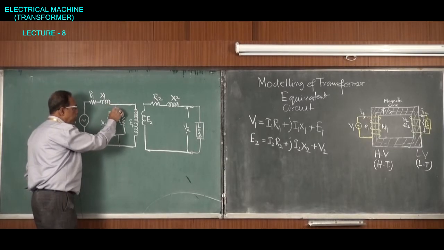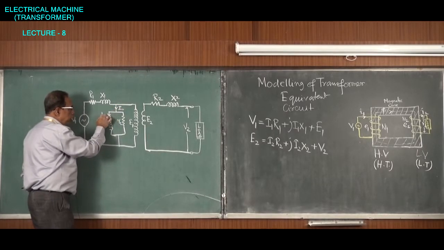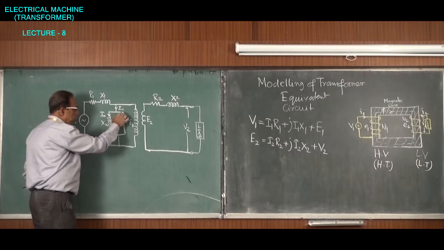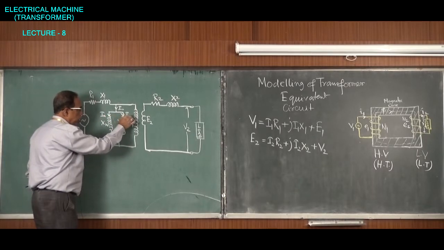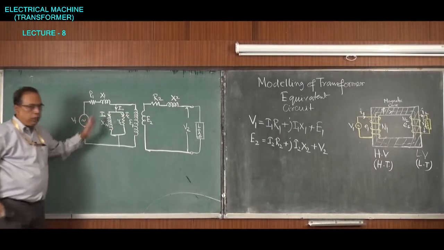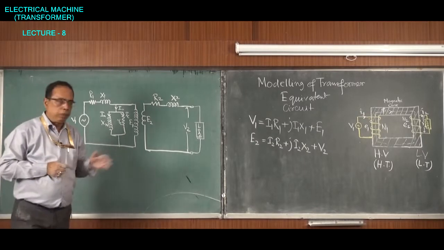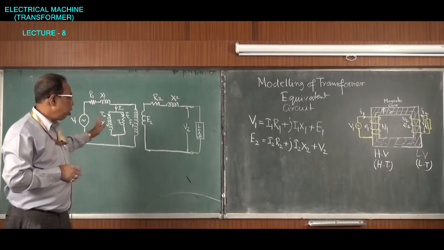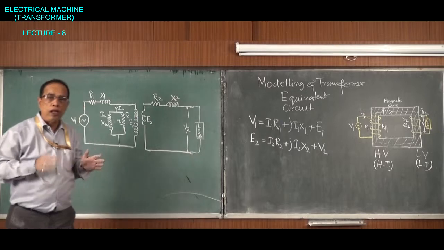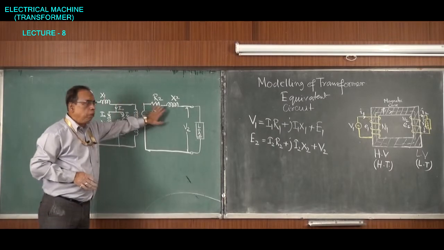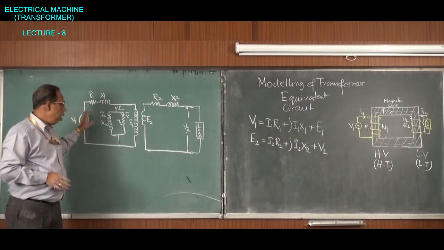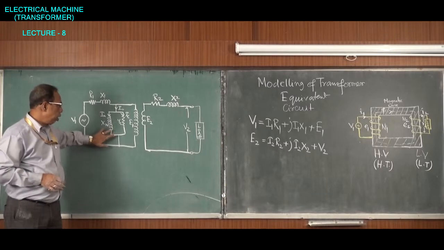So whatever current I0 will be passing through it, there will be magnetizing current IM, and there will be core loss current, that is IC. So this is the complete magnetizing equivalent circuit of the transformer, accounting for both its primary, secondary and magnetization characteristics of the transformer.